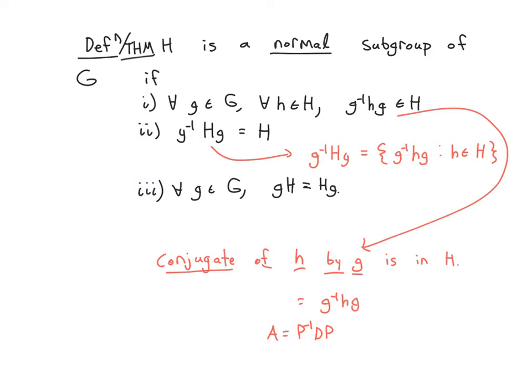And so when you have three equivalent statements, any one of them can be chosen to be the definition if you want. So I'm going to continue to refer to this as the definition, but all three of these statements, if one of them is true, all three of them are true, and if one of them is false, all three are false. And we will prove this equivalence in a later video.